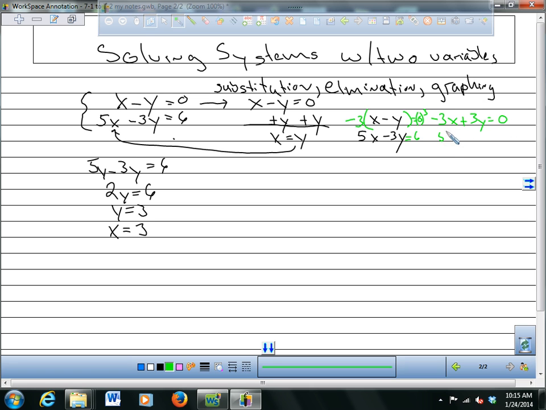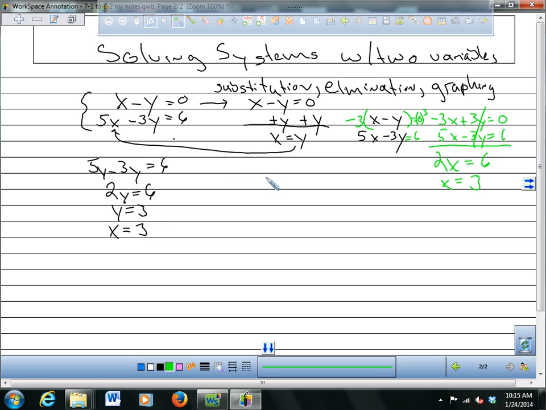And over here, this stays the same. 5x minus 3y equals 6. Add them together. This turns into 2x. This turns into 6. You get 2x equals 6, sorry, and then x equals 3. Is that hard? That's algebra 1, right?